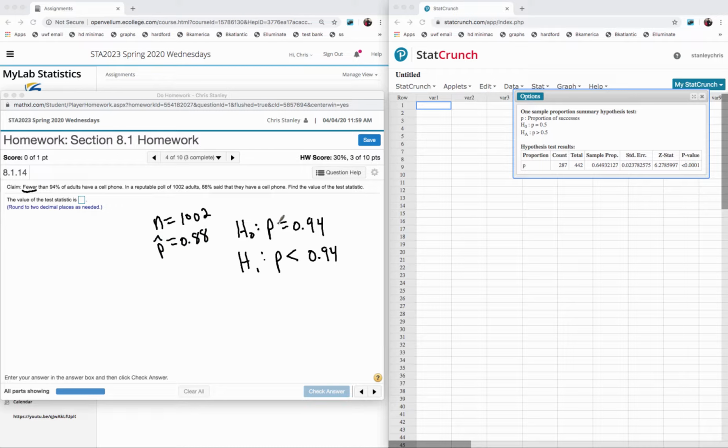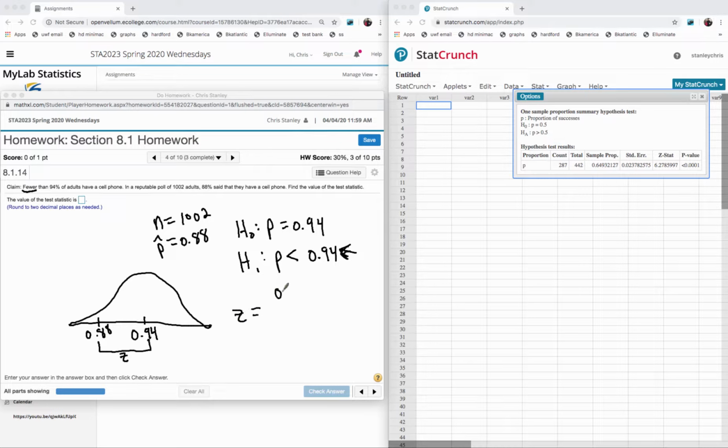Find the test statistic. Okay, so let me just show you what the test statistic's measuring. If you watch a video, it's there too, but I'll just remind you. So this is technically not their claim. This is their claim right here. But if they make this claim, we have to set it equal to 0.94, so then we have some expectation. Well, they get 88%. Well, 88% is over here somewhere. So we need to figure out how many z-scores this is.